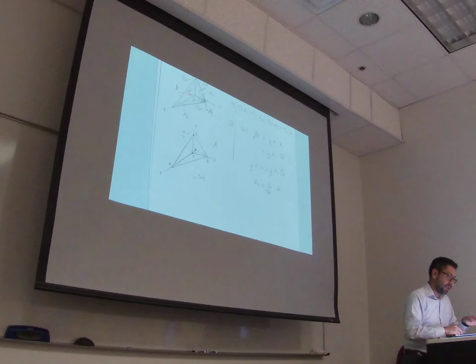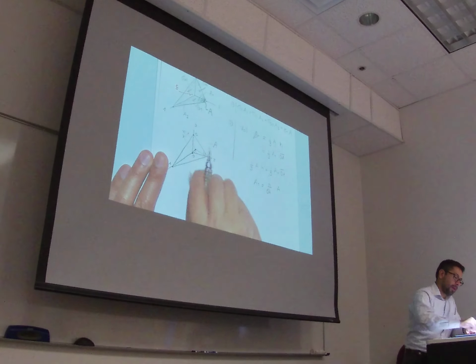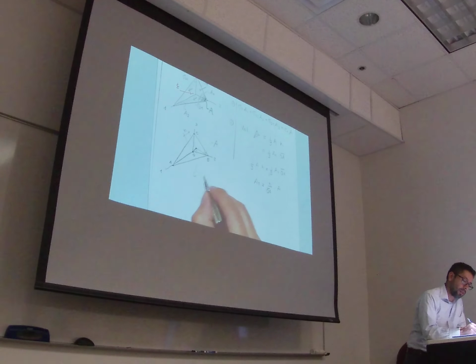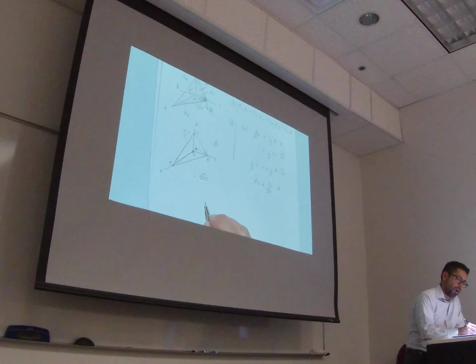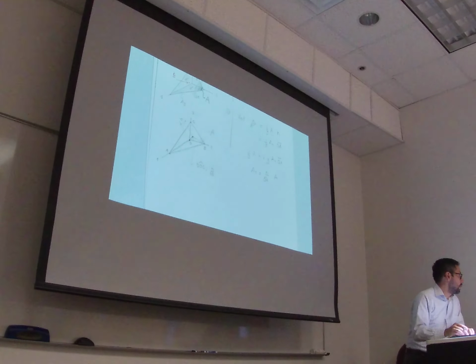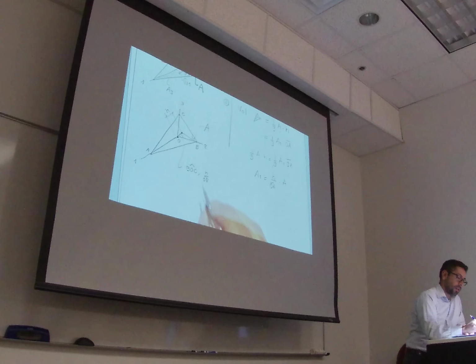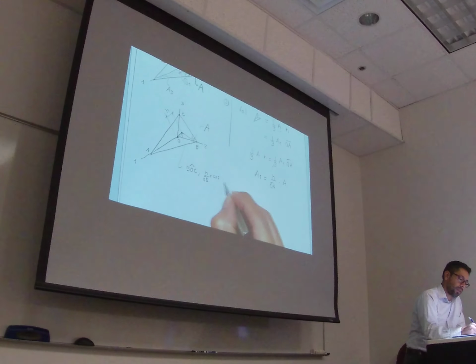Well, this is going to be the angle, not the cosine. But this is going to be the angle BOC. And the ratio, in this case, of H divided by OB is going to be the cosine of the angle BOC.